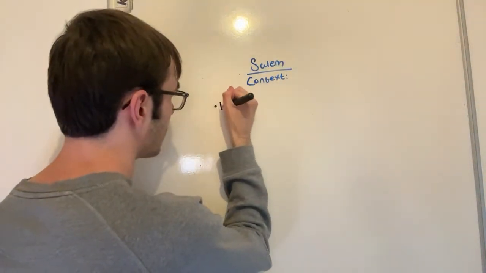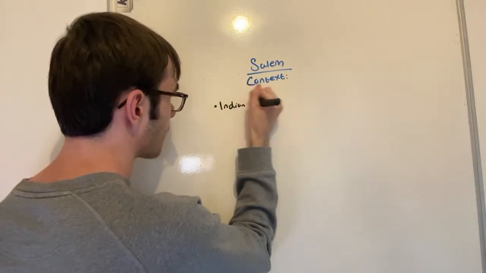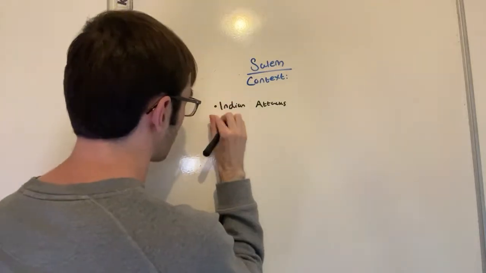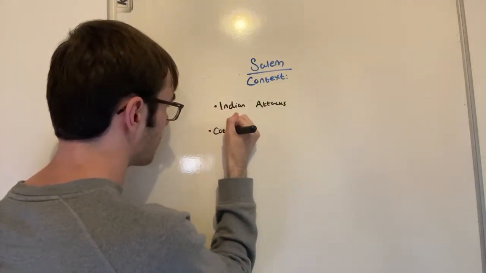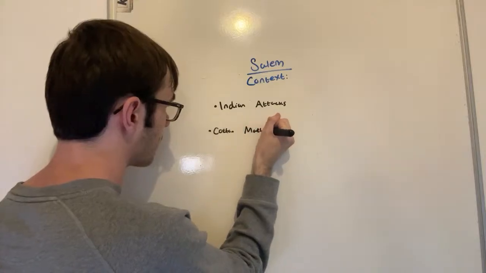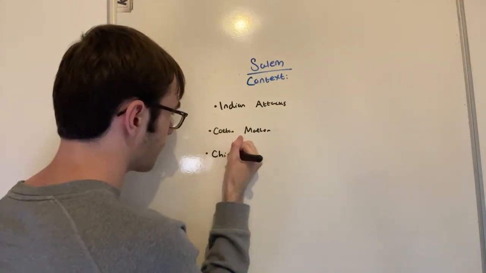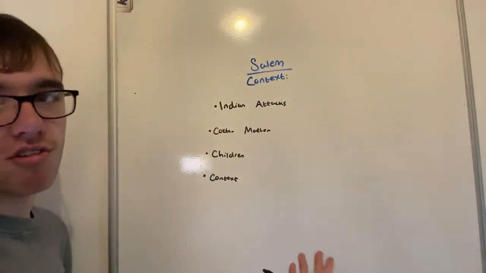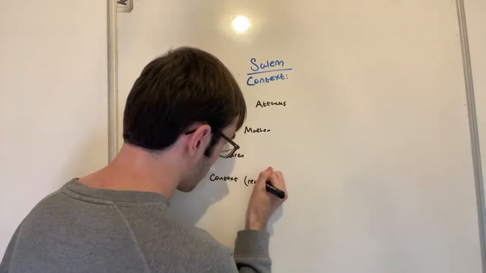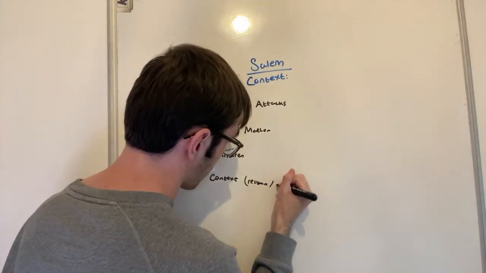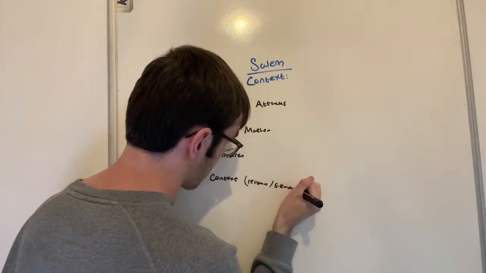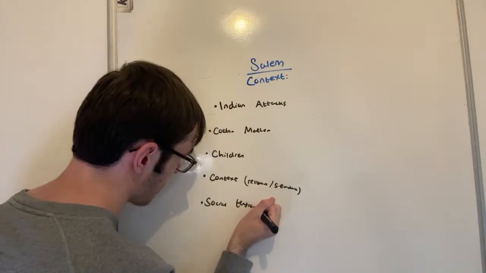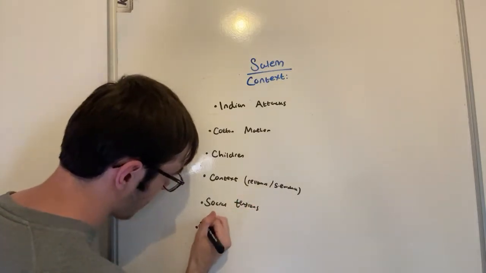We have Indian attacks, Cotton Mather, the role of children, the general context, so that's going to be religious factors, and obviously the idea of spectral evidence, social tensions, and obviously the revolution.